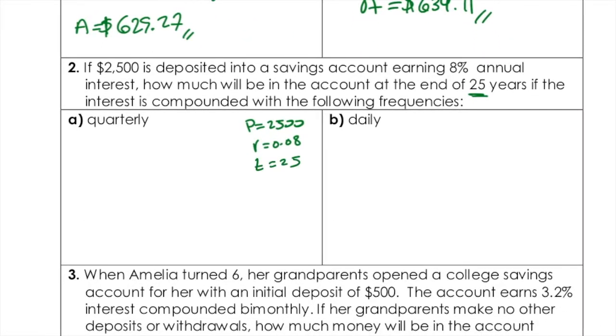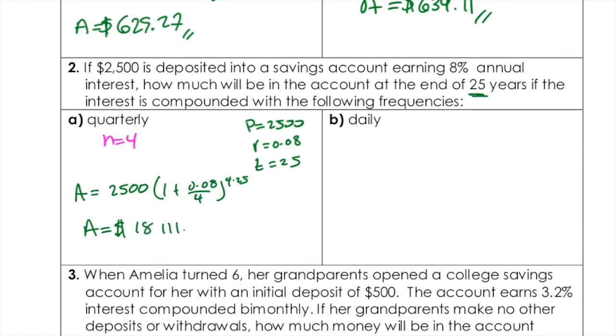Quarterly means N is 4. So A equals 2,500 times (1 plus 0.08 over 4) to the 4 times 25. After going to our calculator, this should give you 18,111 dollars and 62 cents.